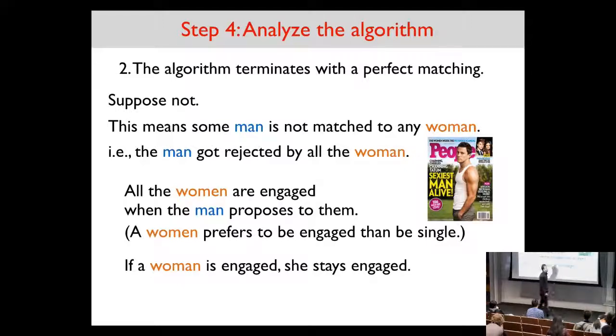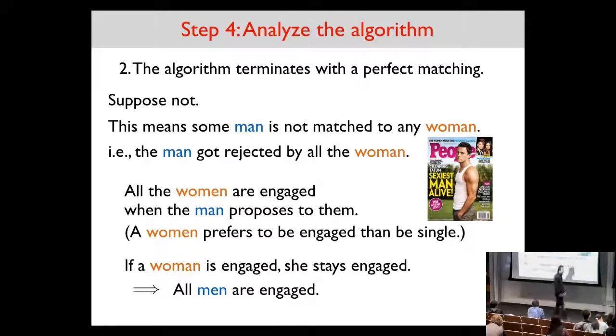What does that mean then? All the women at some point in the algorithm get engaged, and when they're engaged, they stay engaged. So all the women are engaged. But if all the women are engaged at the end of the algorithm, that means all the men have to be engaged because women are matched perfectly with men.